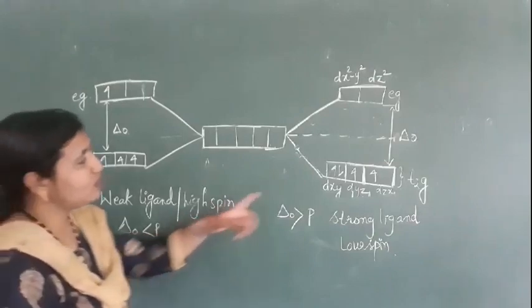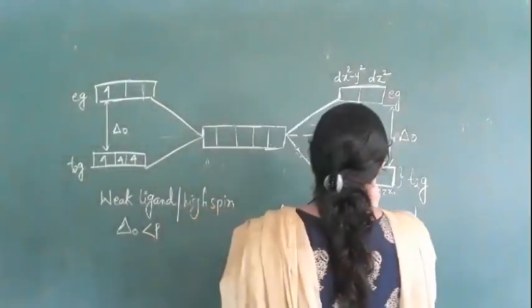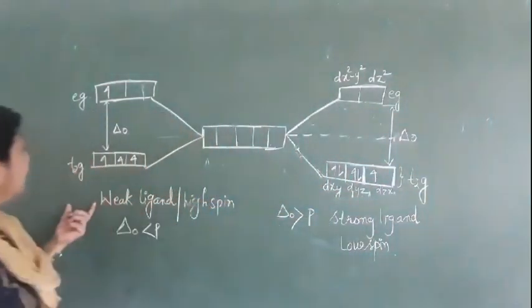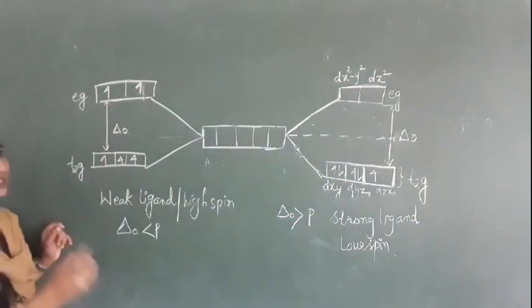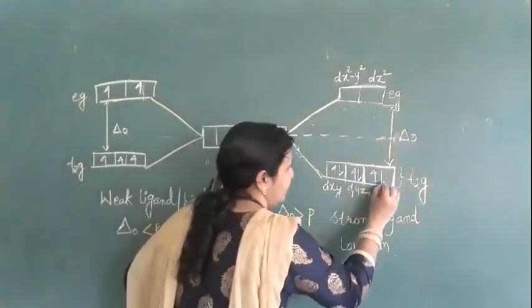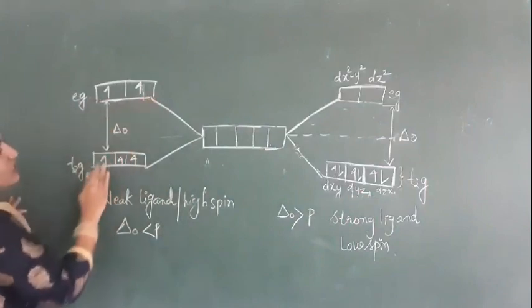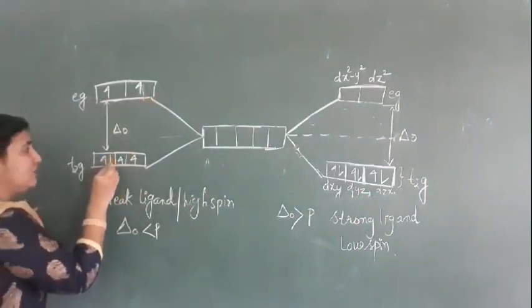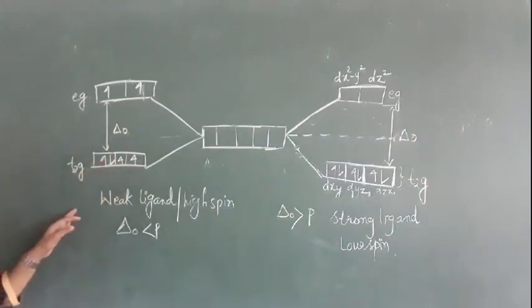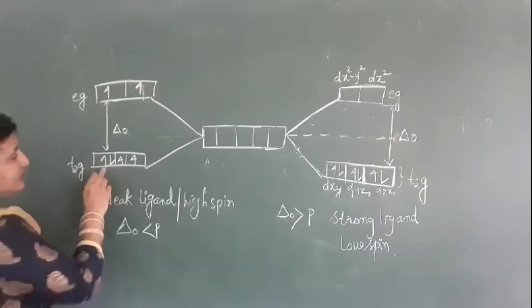Okay. So now the 4th electron enters here. Now the 5th electron also will enter here. In weak field ligand, the 5th electron enters up here, and now all the 5 orbitals are filled with one electron. So the 6th electron will enter into the T2G orbital here. Okay, T2G set here, and the 6th electron is over.